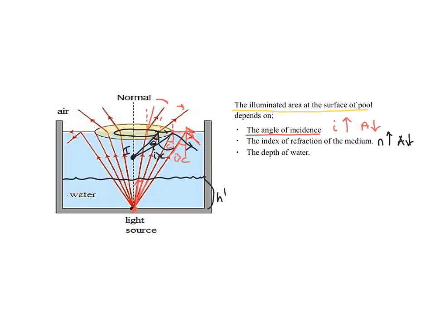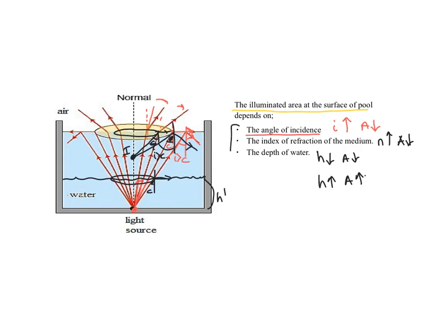So you see that this critical angle is equal to this angle. So the illuminated area will be here. So you see, as the depth decreases, the illuminated area decreases, or as the depth increases, the illuminated area increases.